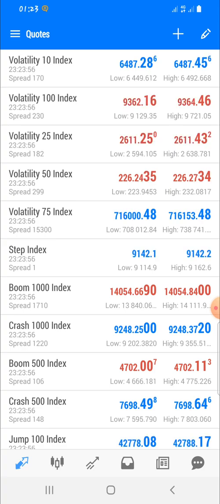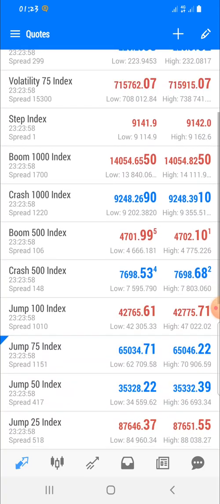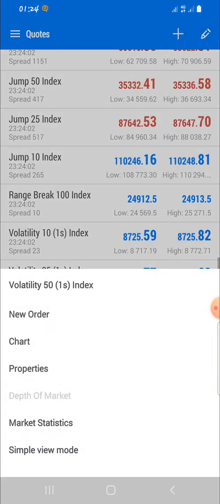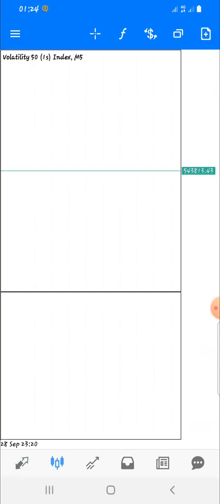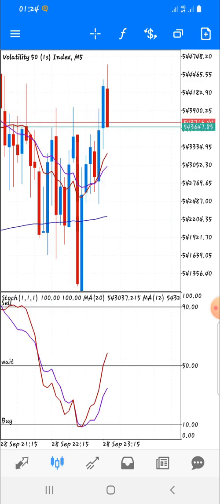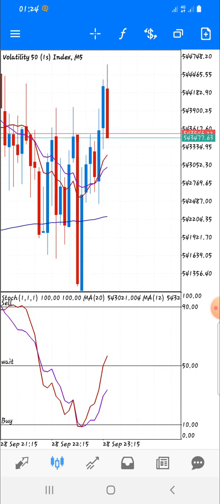So let's get to business, ladies and gentlemen. Today I want us to talk about the Volatility 50 (1s) index. That's a very volatile index. I want us to discuss the brief technical part of this index, on how to master its moves so that you can be profitable in your trading.